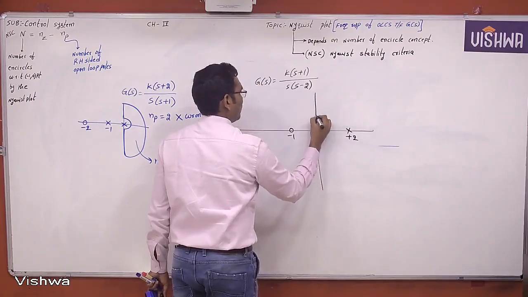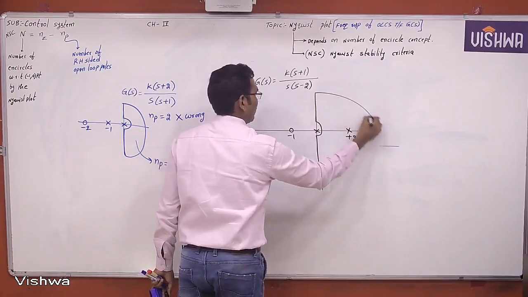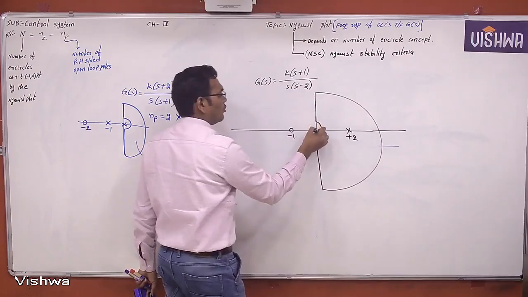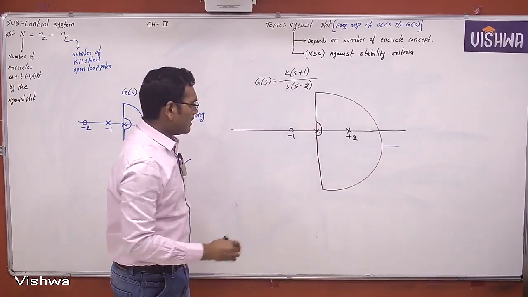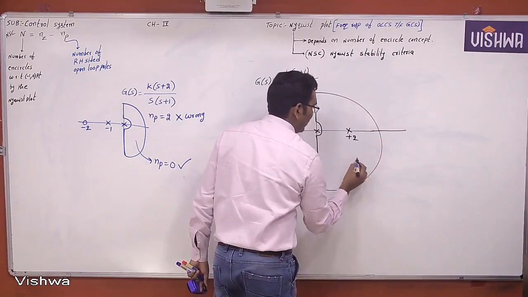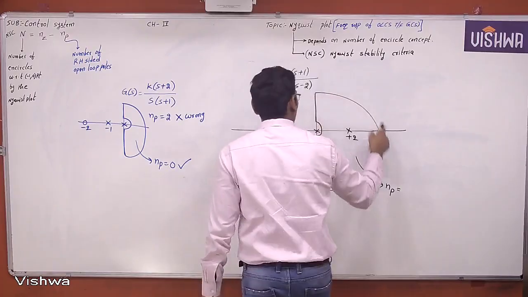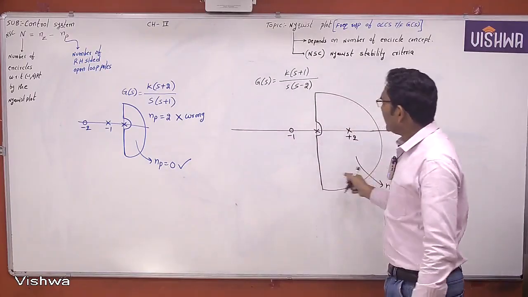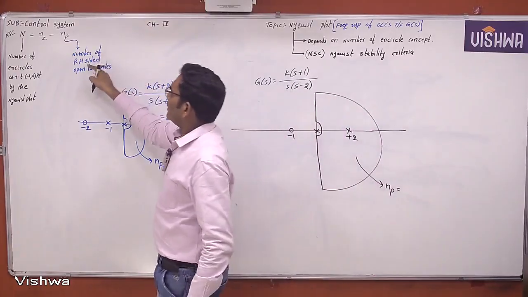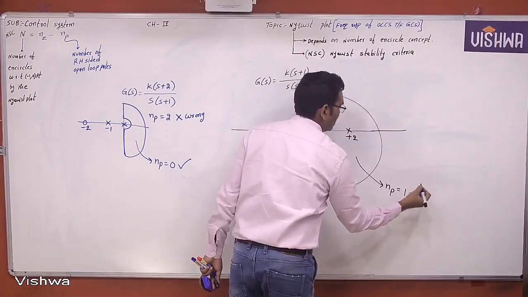Now the Nyquist path is the entire right hand side of the S plane, and does not include the poles which lie on the imaginary axis. Now see what is NP. How many right hand sided open loop poles? NP is the number of right hand sided open loop poles. How many are there? Only one. NP equals 1. This is correct.